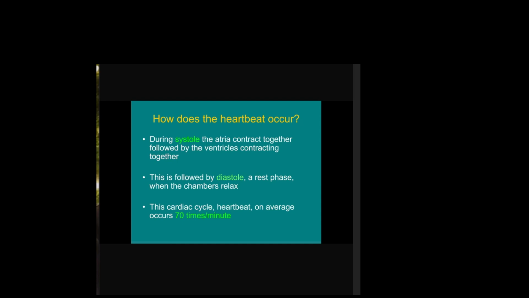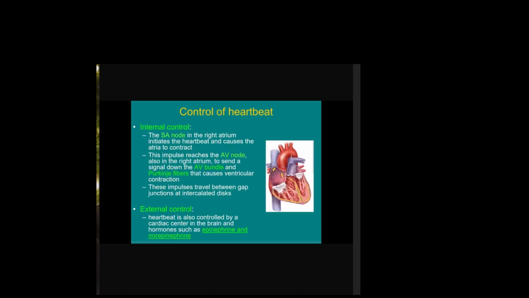And then that contraction is followed by a relaxation called the diastolic phase. The chambers relax, blood moves from the top atria and comes down to the ventricles. I said this cycle of contraction and relaxation happens about 70 times a minute.